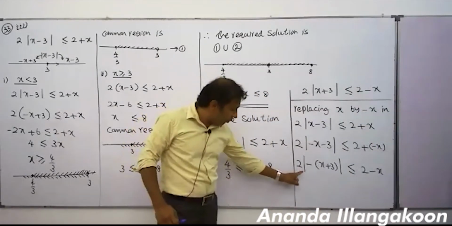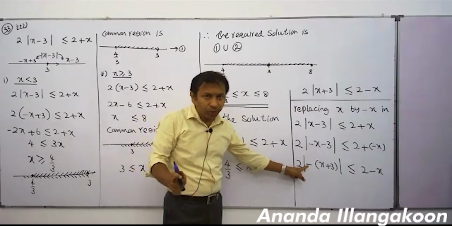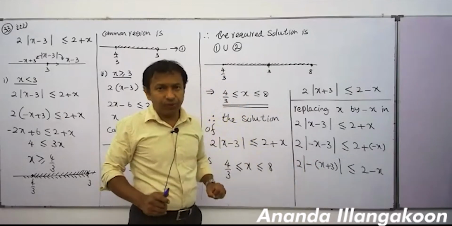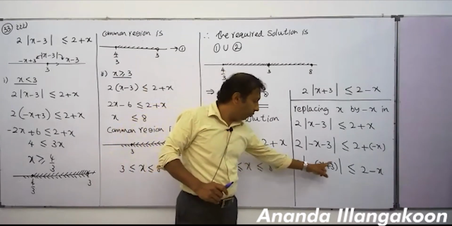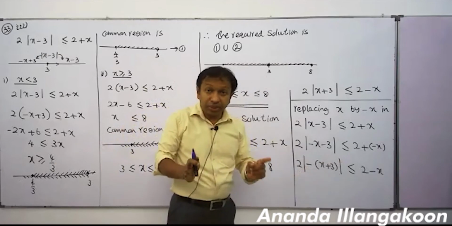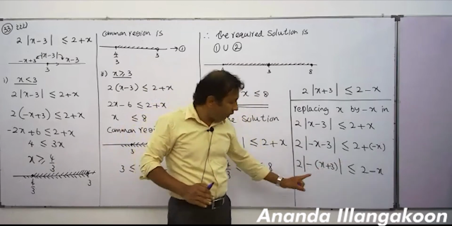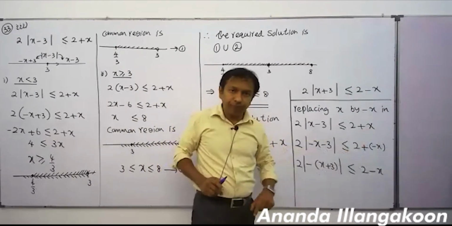How do we take the modulus here? This minus sign we can ignore because modulus is always positive. But for x plus 3 we have to take the modulus. Right? This minus sign modulus means plus. But we don't know really whether x plus 3 is positive or minus. So we can ignore this minus sign and the modulus can be taken of this x plus 3. Right?